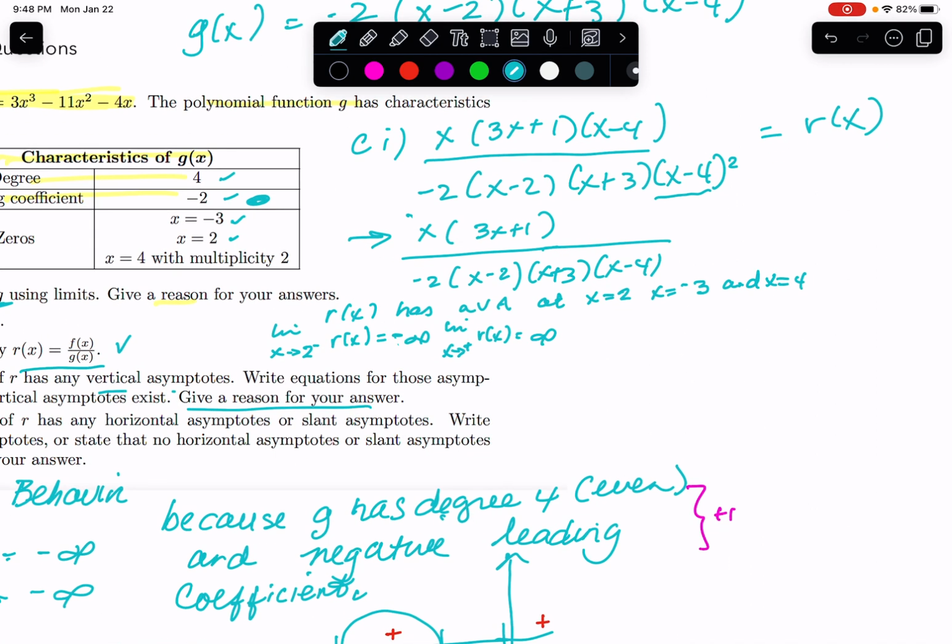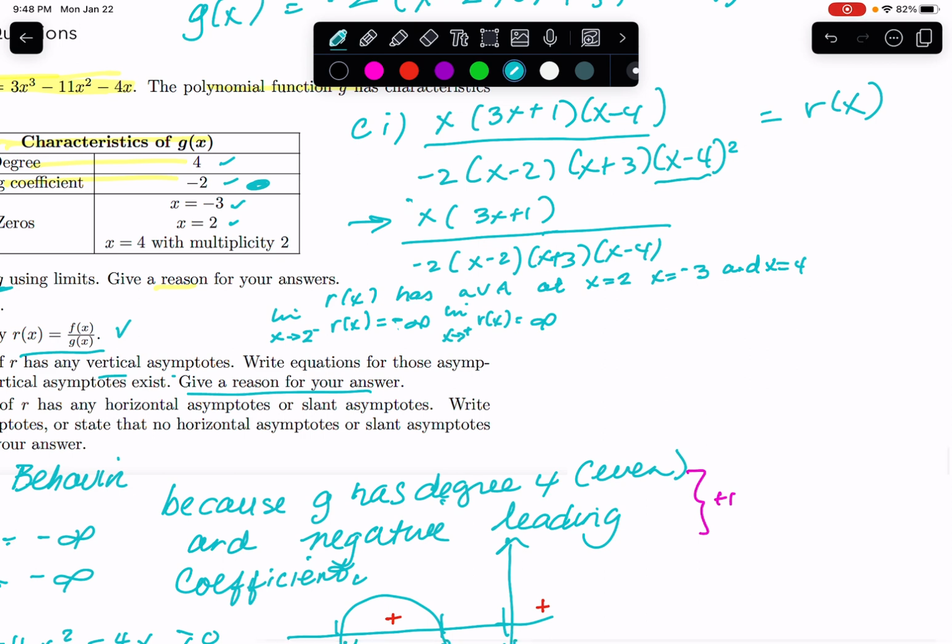So we've gotten 1. Then for the vertical asymptote at negative 3, the limit as x goes to negative 3 from the left of r of x, if you put the numbers in, you get positive infinity. And the limit as x goes to negative 3 from the right gives you negative infinity.